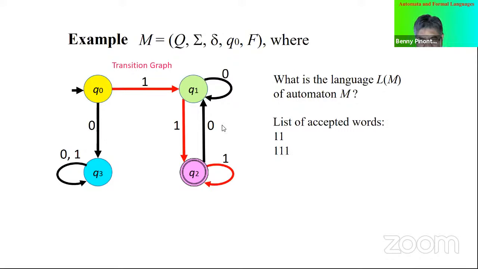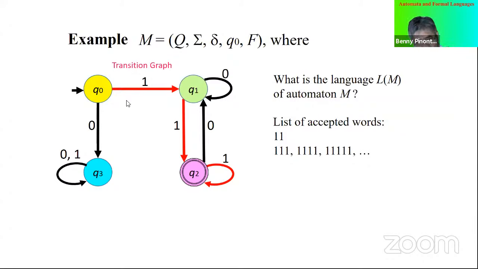And then we can have 1, 1, 1. We circle one time here, make one iteration, and we have 1, 1, 1. If we make 2 loops, then we have 1, 1, 1, 1, so there are 4 ones.